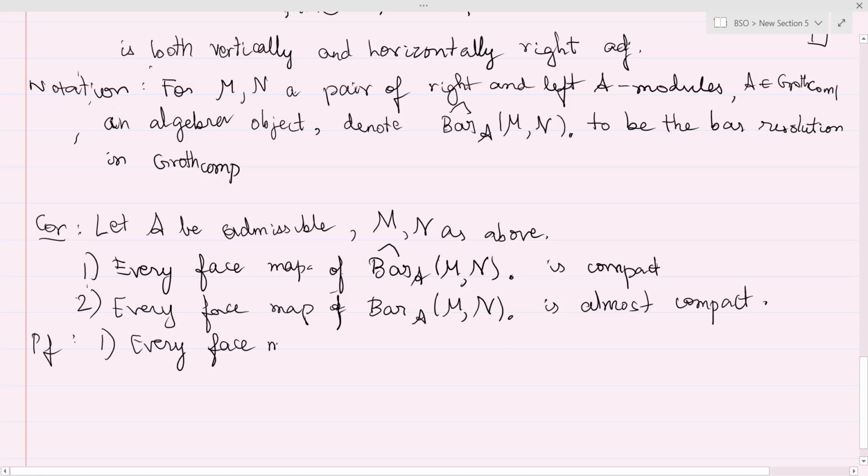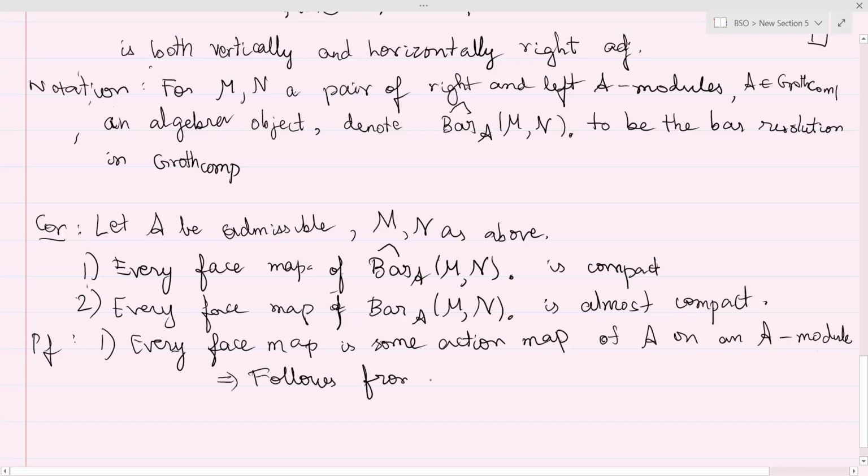So okay, back to the corollary. We see that every face map is some action map of A on an A module, and so it follows from the theorem, because that was the first assertion of the theorem, right?